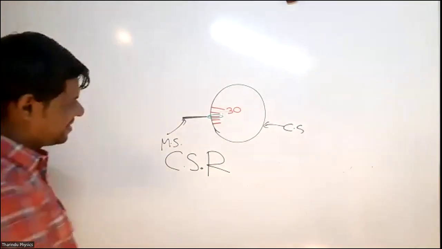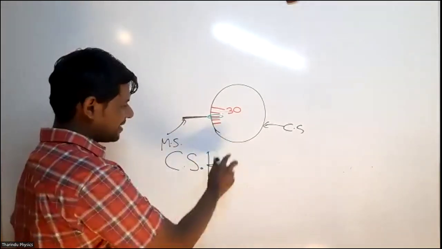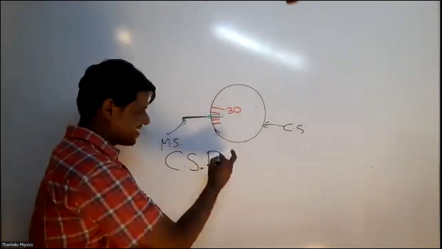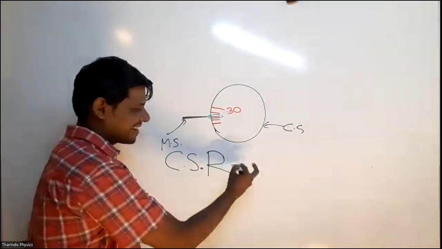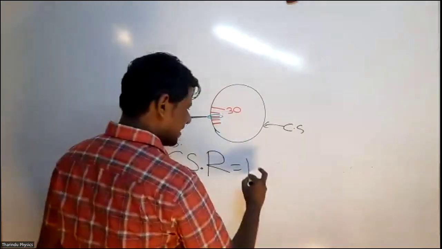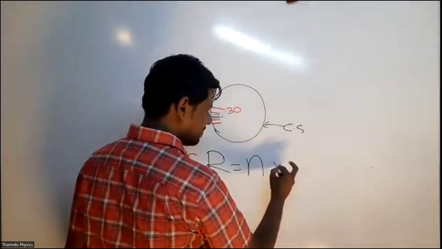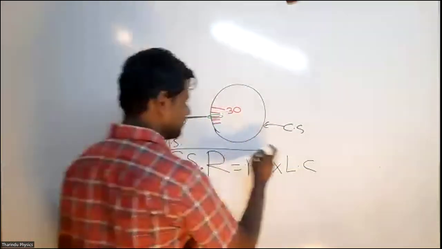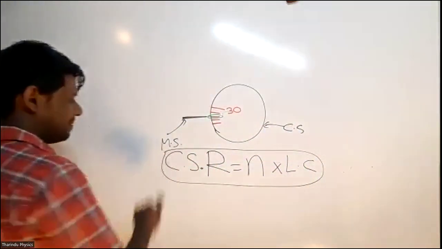Chennai Super Kings. You can just remove this part and it looks like CSK now. CSR, circular scale reading. This one: number of parts multiplied by the least count. Very, very simple.